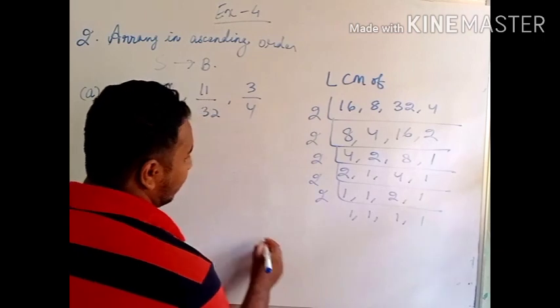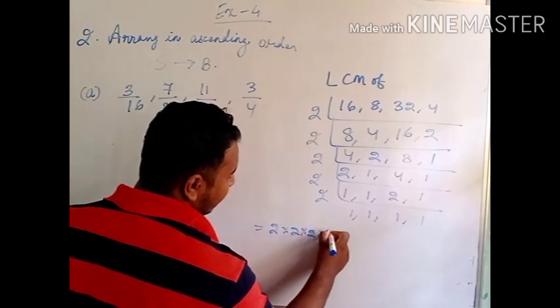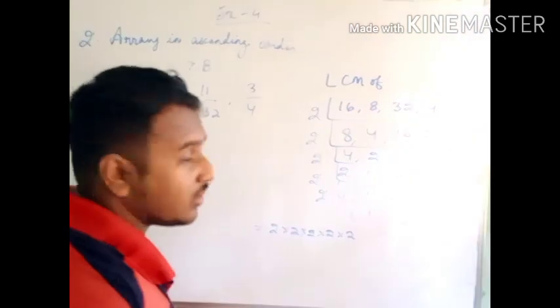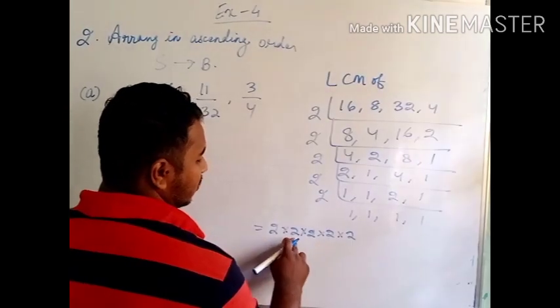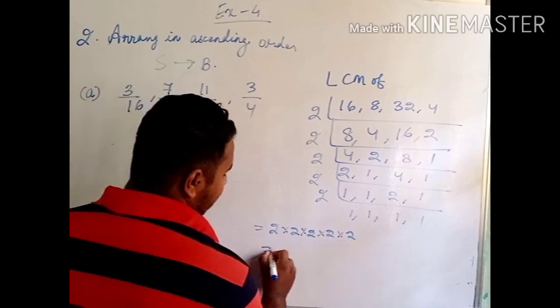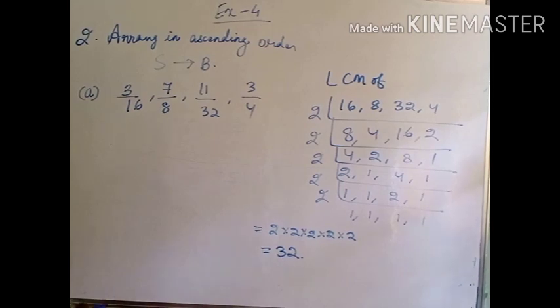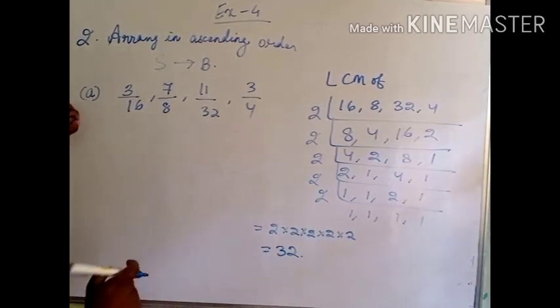Now you have to count how many 2s. 1, 2, 3, 4, 5. This I have taught in the previous chapter. Okay, now 2 3s are 6, 2 2s are 4, 4 2s are 8, 8 2s are 16, 16 2s are 32. How much did it come? 32. You have to change every term into 32.